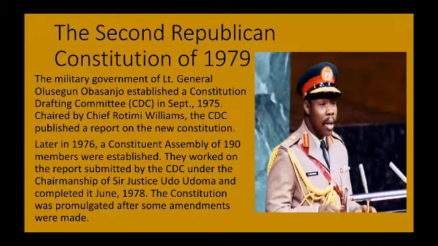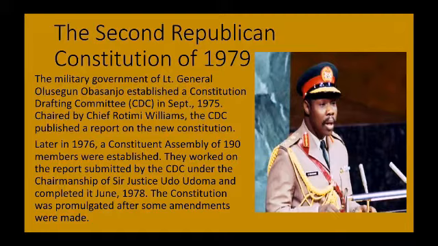It became a constitution in Nigeria in 1979 after certain amendments were done on the reports and the constitution of the Constituent Assembly.